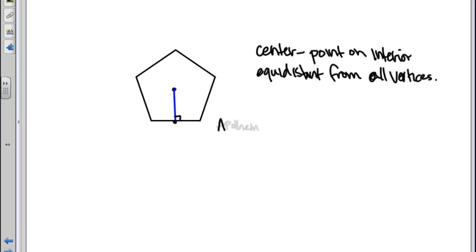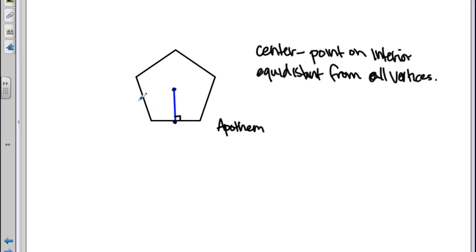Okay, I can't spell, obviously. Thinking and writing at the same time, probably a bad idea. So it's called the apothem, and any of these that I draw to the side, perpendicular to sides, will also be congruent. They'll be the same measure.